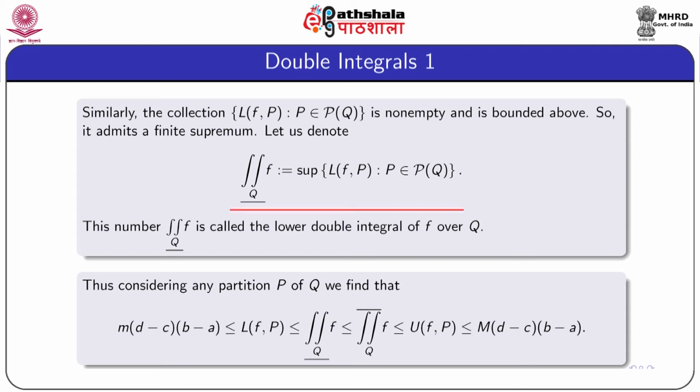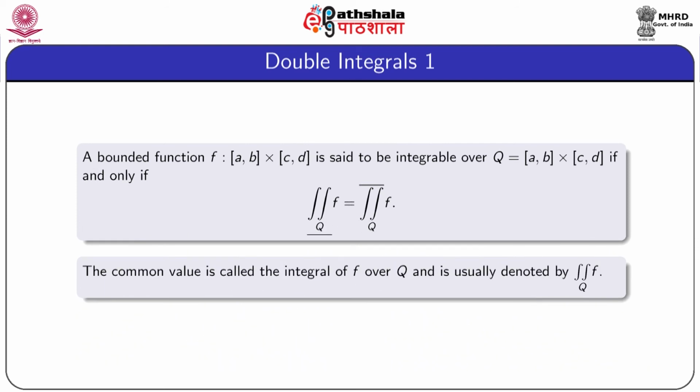Let us denote the lower integral of f over Q by the supremum of L(f,P), where P stands for any partition over Q. This number is called the lower double integral of f over Q. Thus, considering any partition P of Q, we find that m into (d minus c) into (b minus a) lesser equal to L(f,P) lesser equal to lower integral of f over Q lesser equal to upper integral of f over Q lesser equal to U(f,P) lesser equal to M times (d minus c) into (b minus a).